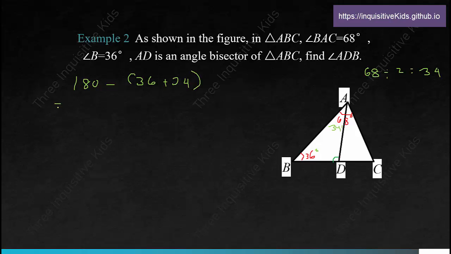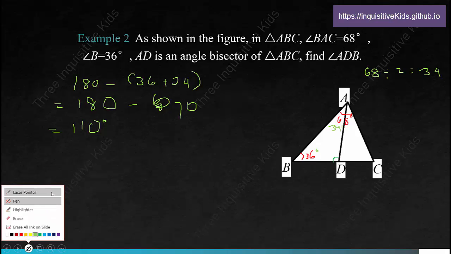Then after we subtract, the answer would be angle ADB. So angle ADB, we do 180 degrees minus, what's 36 plus 34? It is 70, which means that the final answer for angle ADB is 110 degrees.